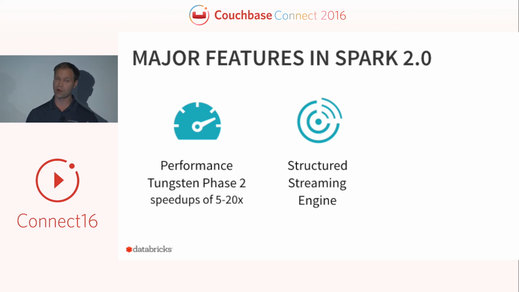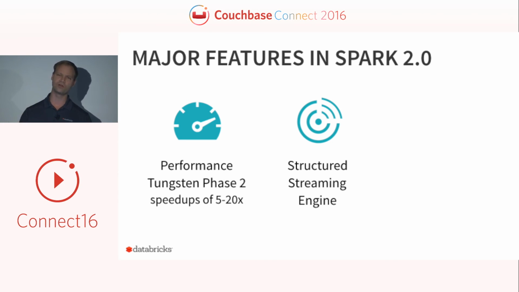Structured streaming engine. Prior to 2.0, the only way to do streaming in Spark was Spark Streaming. We talked to a lot of customers that were building Spark Streaming apps, and we realized that a lot of them were doing more or less the same thing. So we thought, why don't we take the common things that people are doing in streaming jobs? That is, making sure that you're checkpointing your data the right way so that if the stream fails, you can pick up where you left off; doing windowing aggregation functions so that if you want to aggregate your data by event time, like every 5 minutes or 10 minutes, you can do that easily; and making sure that you have exactly once semantics, so if your stream fails, you don't have to worry about whether you already processed this data or not.